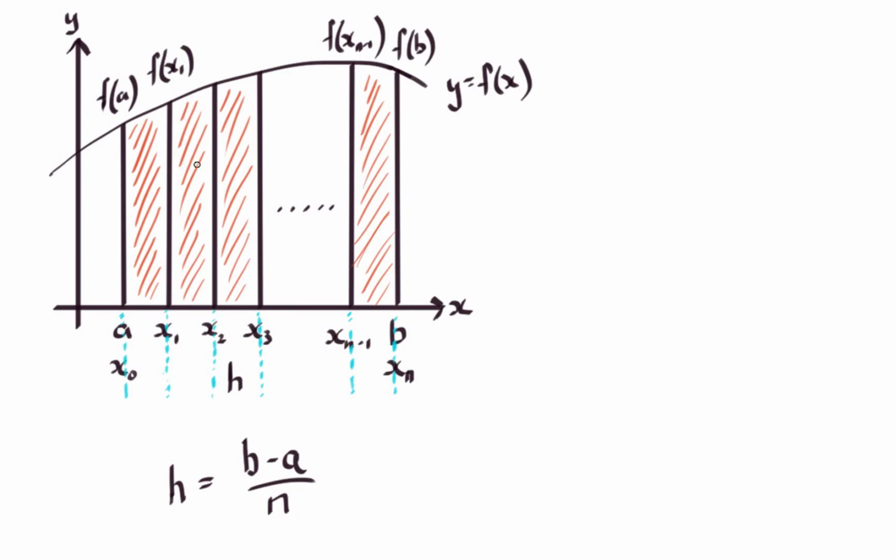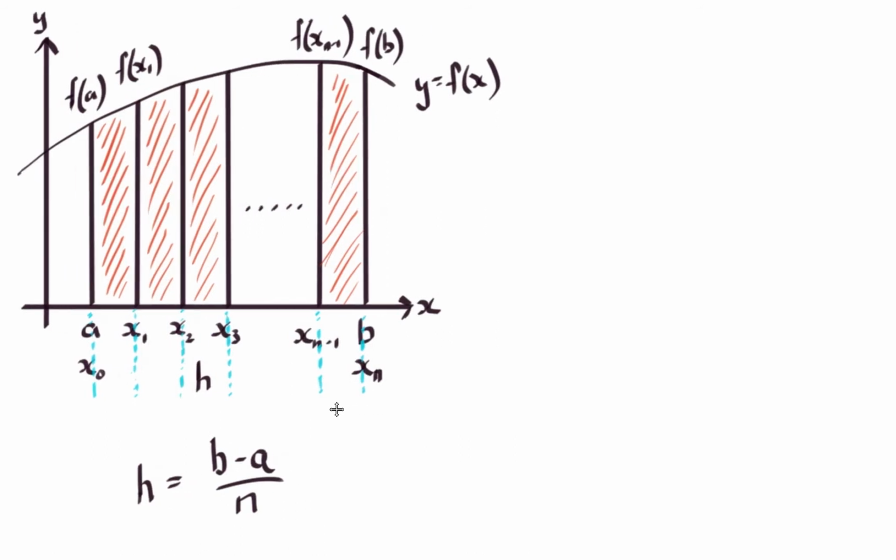It'll get used for the second trapezium and the third trapezium, and so on, all the way up until this value, f of xn minus 1, the second last one. It'll get used twice. So every single parallel line is going to get used twice, except for f of a and f of b.